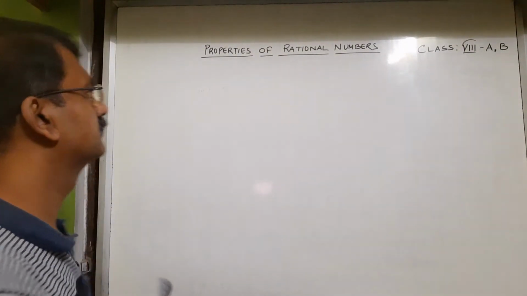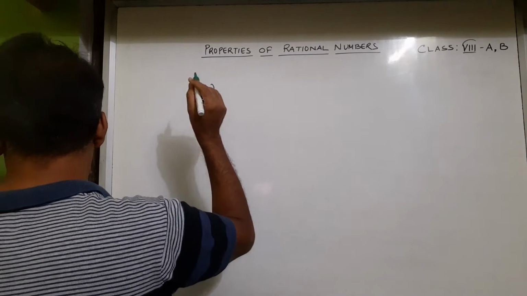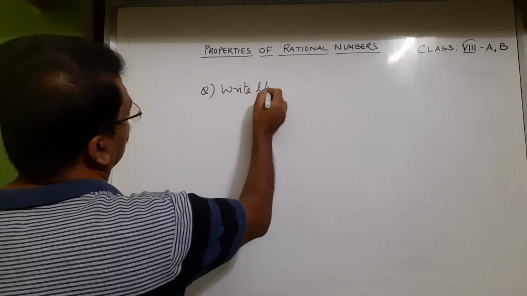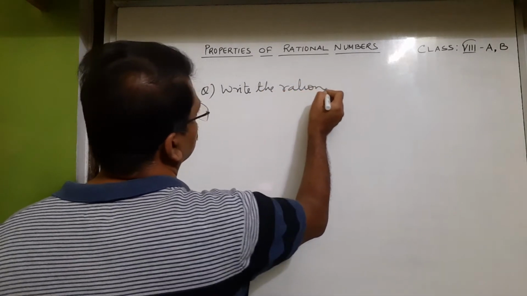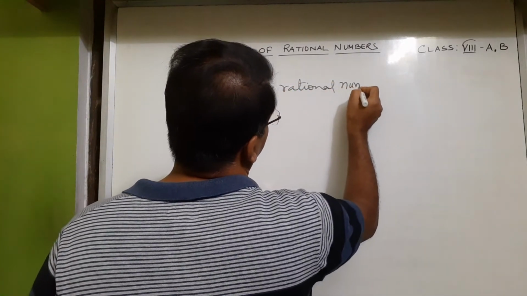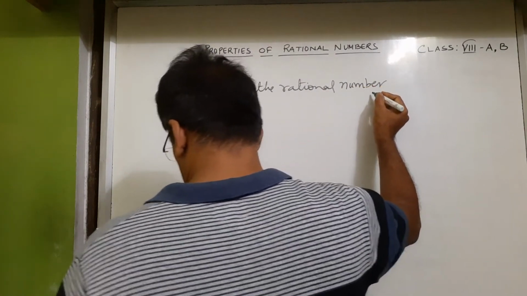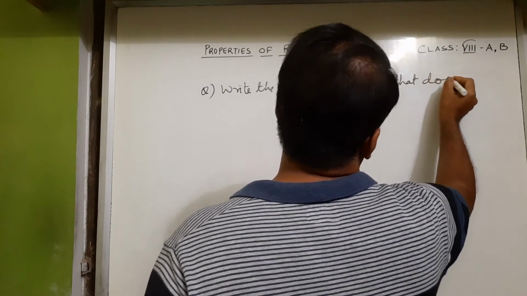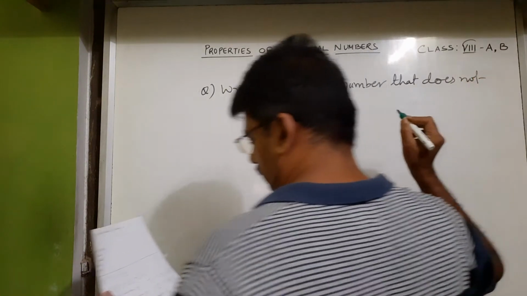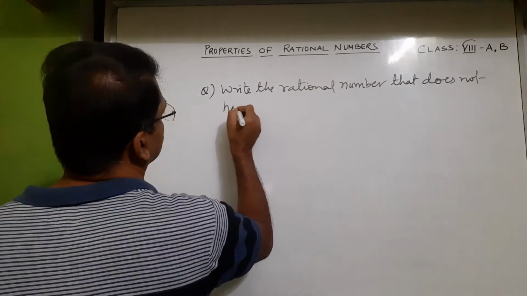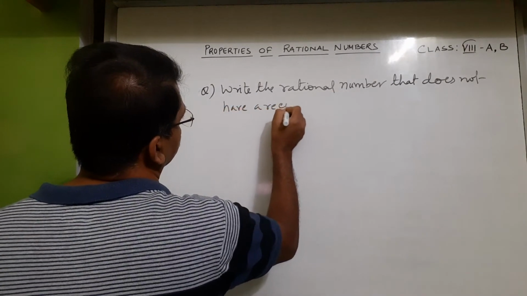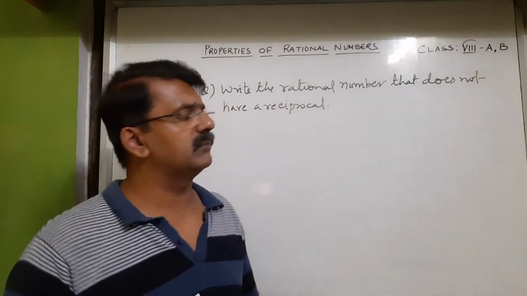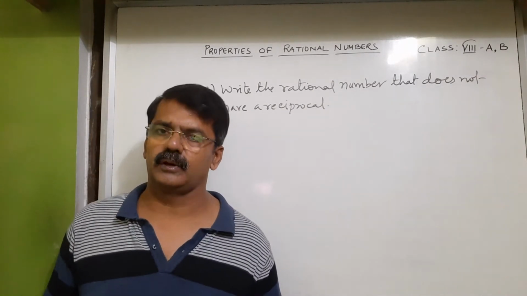Next question. Write the rational number that does not have a reciprocal.